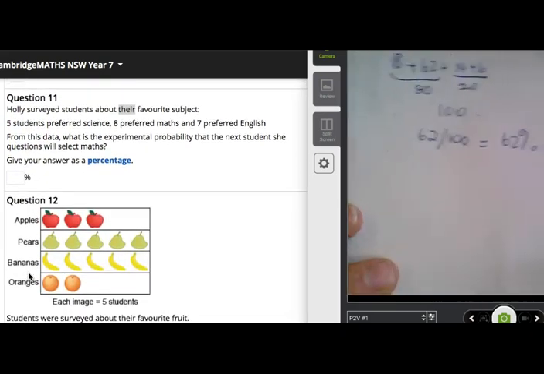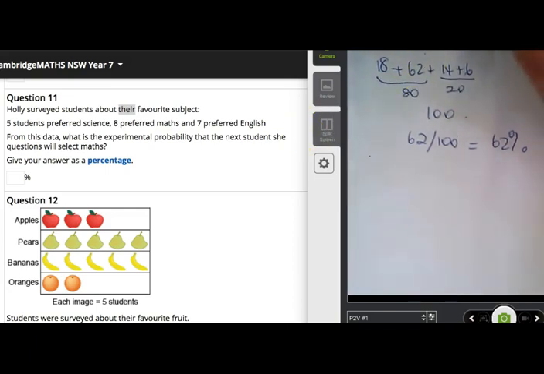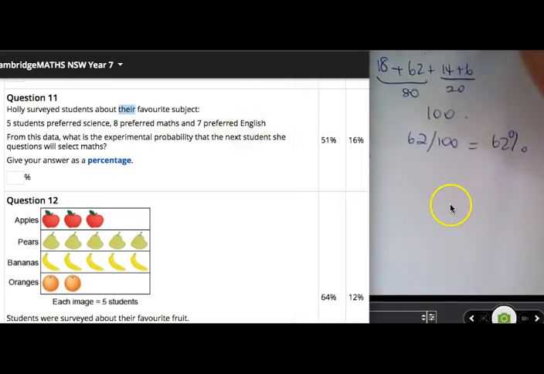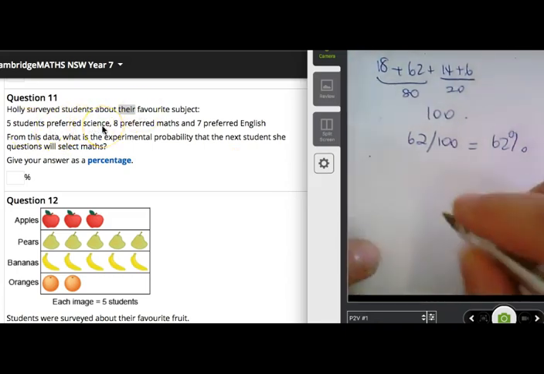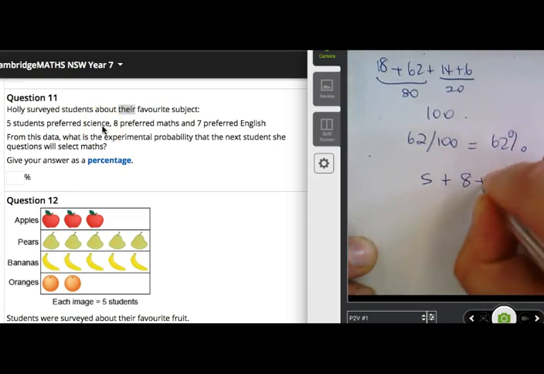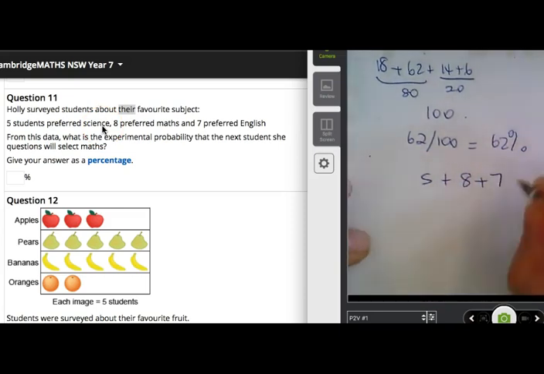Question 11. Holly's survey, just seeing how many people got this wrong, about 4. Okay, very similar. 5 students prefer science, 8 prefer maths, 7 prefer English. So you need a total, which is 20. What is the probability that the next student selects maths?